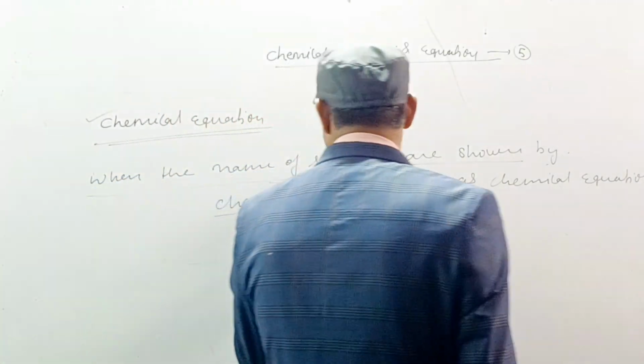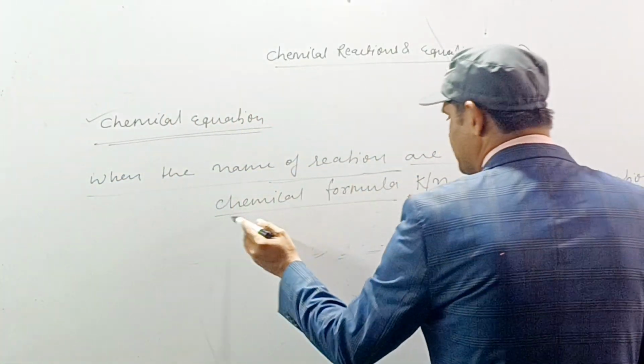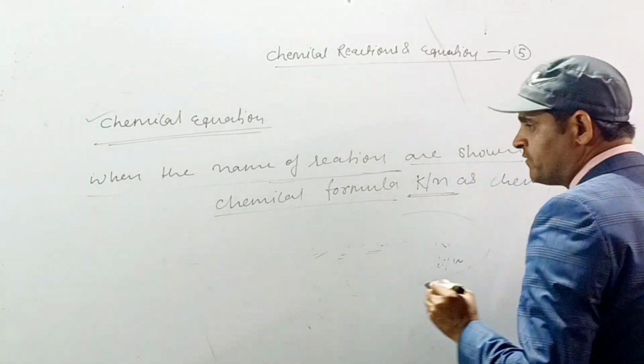So when the name of a reaction is shown by the chemical formula, it is known as a chemical equation.